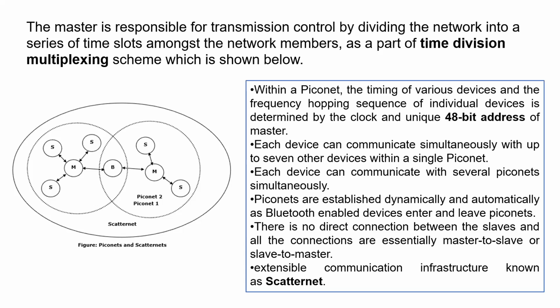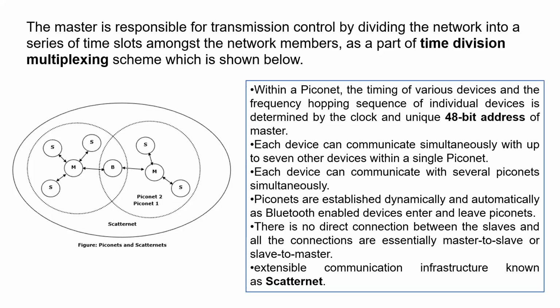Within the piconet, the timing of various devices is managed, and as it is using a frequency hopping spread spectrum technique for communication, the frequency hopping sequence, the timing slot interval, and the 48 bit unique address of the master, all these things are handled by the master only.